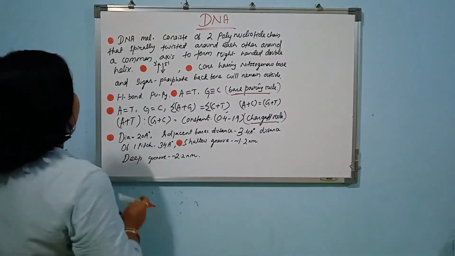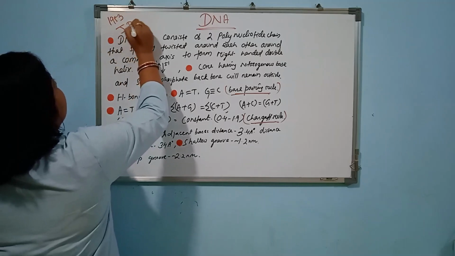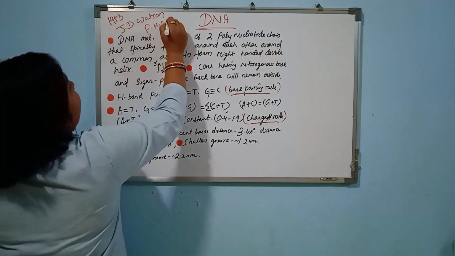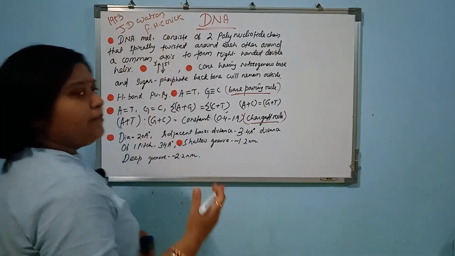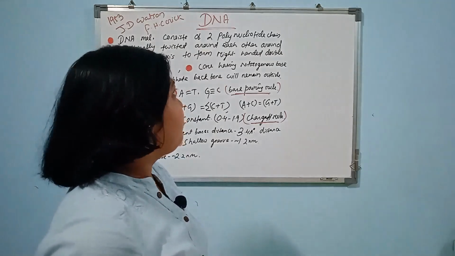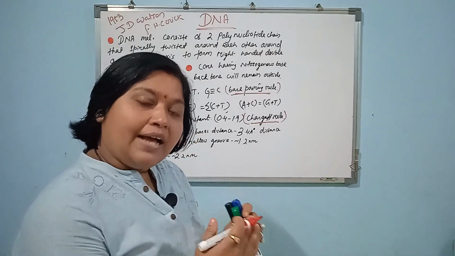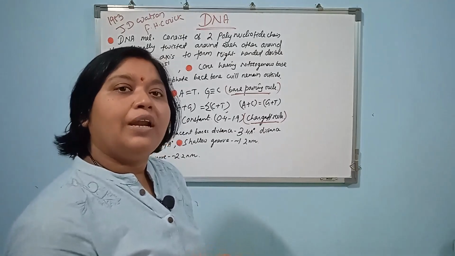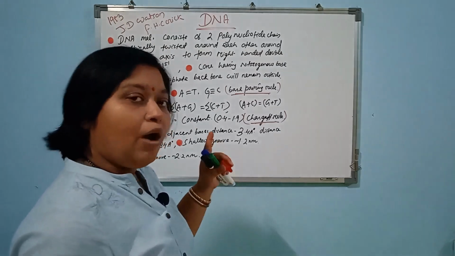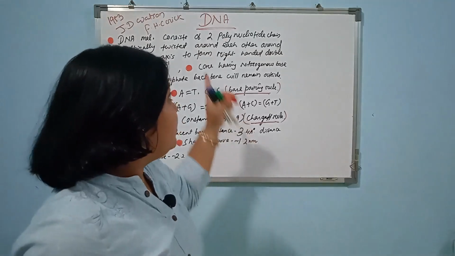In the year of 1953, two famous biologists, J.D. Watson and F.H.C. Crick, described the three-dimensional feature of DNA on the basis of X-ray crystallography, and that model is famous as the Watson-Crick model, or double helical structure of DNA model. In that model, they describe how this pentose sugar, nitrogenous base and phosphate group arrange to form this DNA molecule.